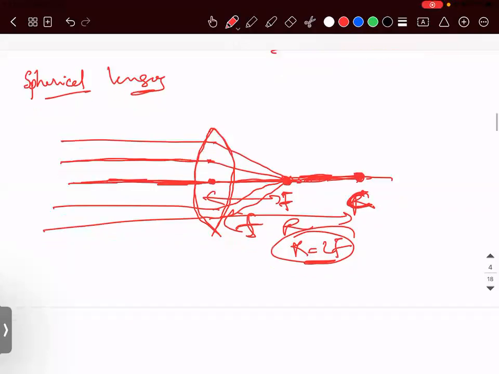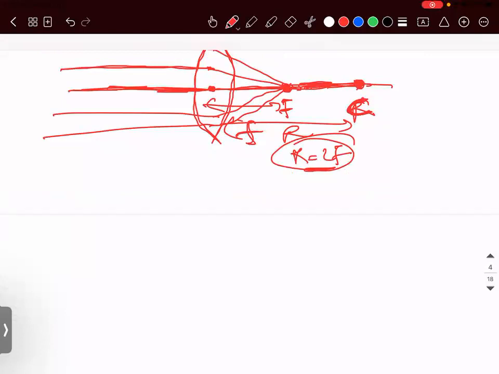I'm not asking you to solve the entire problem, just tell me the sign convention. Concave lens, focal length is 15 centimeters. For concave lens, is it positive or negative? It's negative.